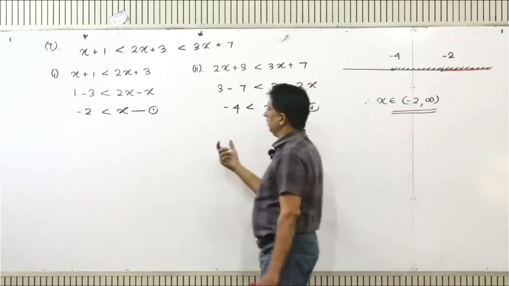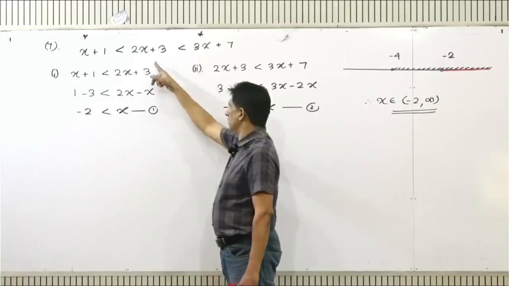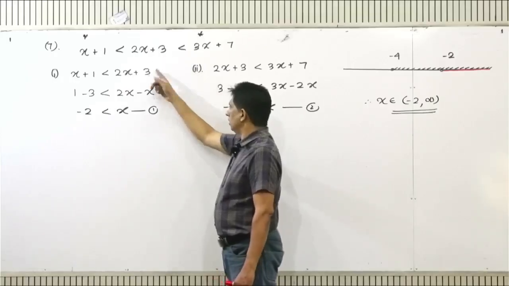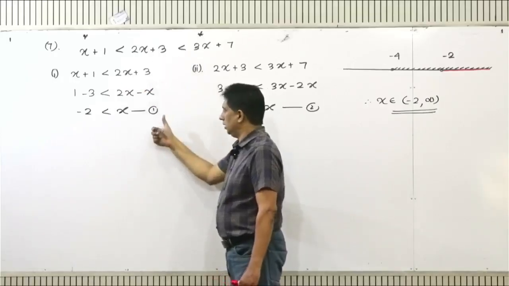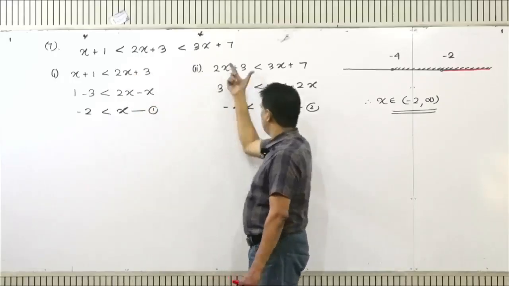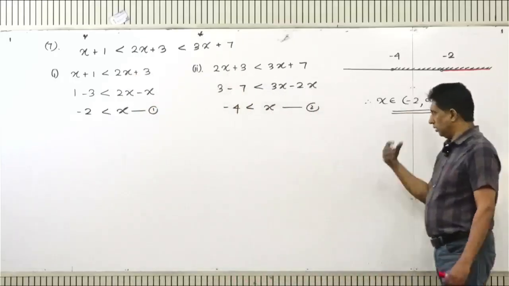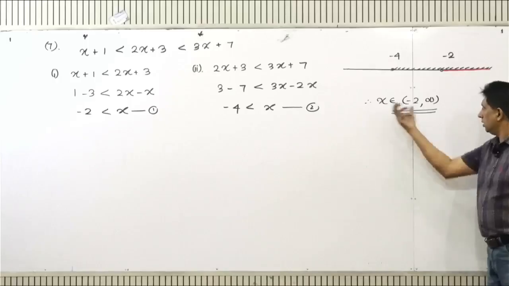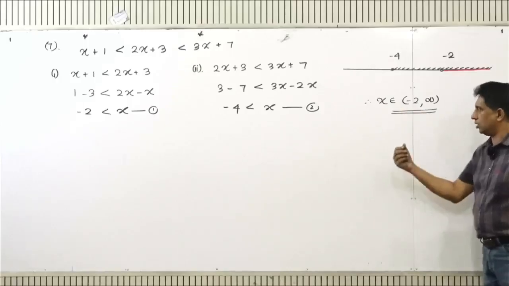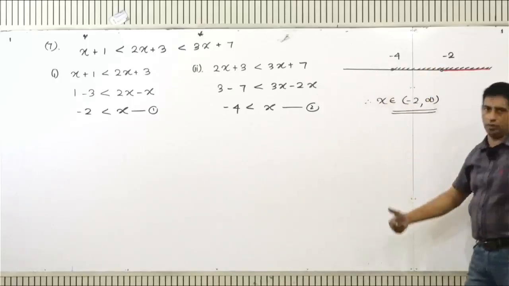Then what we did here: we separated this given double inequality into two inequalities. Then we solved this one and we solved this one. Then after that we have to find the common solution. That common solution is the solution of the given double inequality.